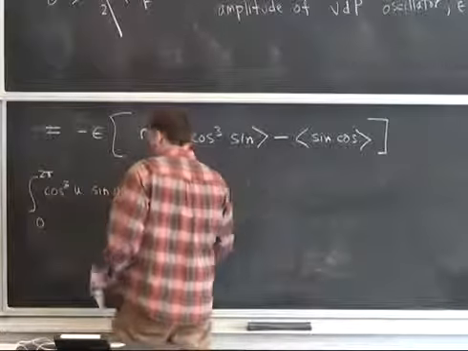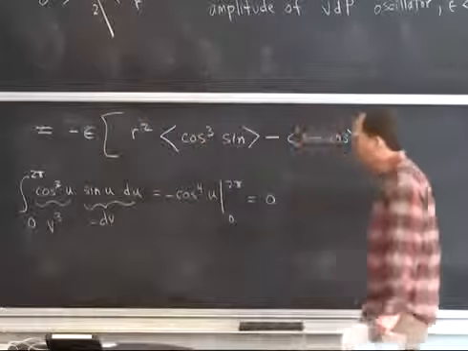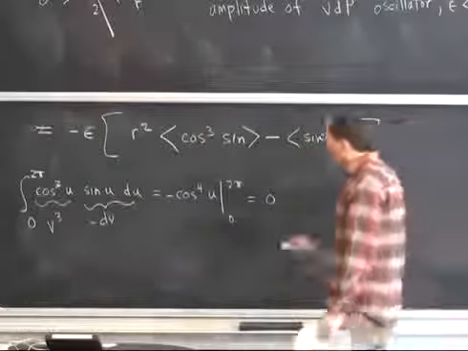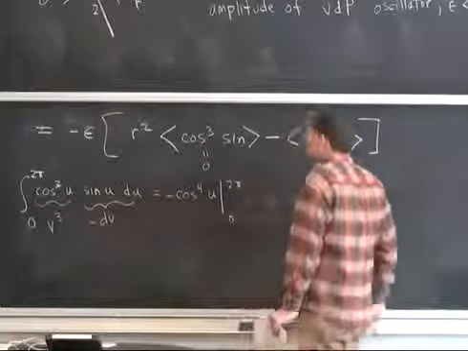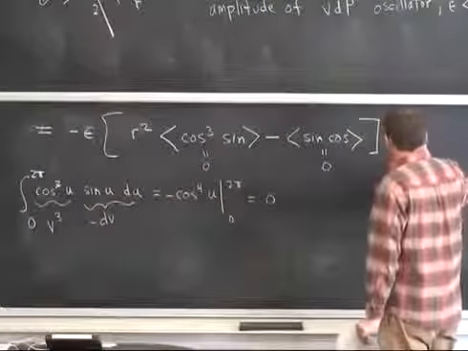If I think of this as v cubed, this term is negative dv. So we would get something like minus cosine to the fourth of u going from 0 to 2 pi. That gives 0. And so I've just memorized that this average is 0 and this one is also 0. And so you end up getting that the whole thing is 0.